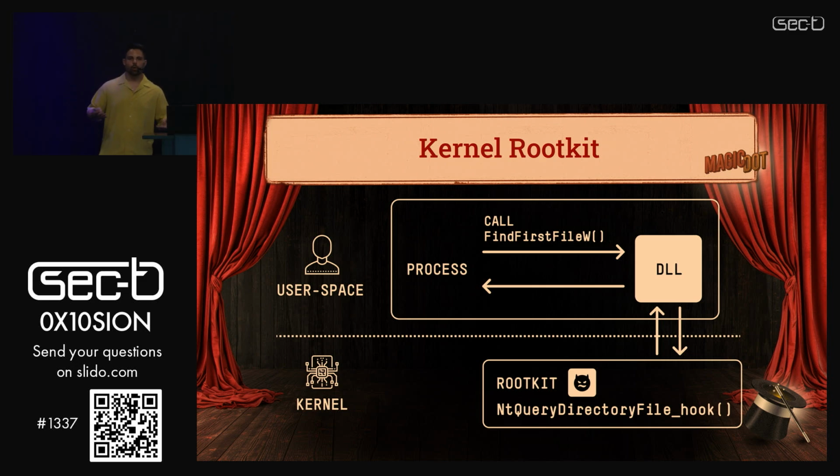It will usually hook APIs of the kernel, such as system calls. And when certain information is requested, the hook of the rootkit will call the original function, remove the malicious artifacts, and return the information without the malicious artifacts that it wants to hide.